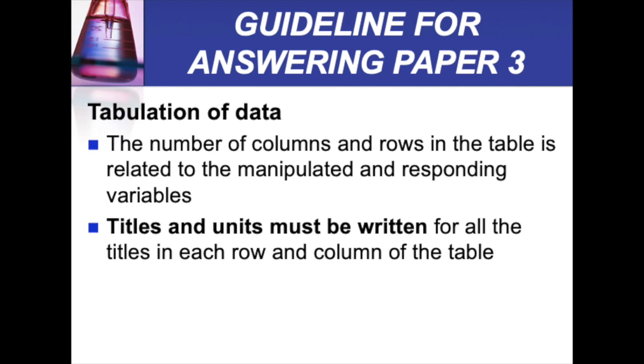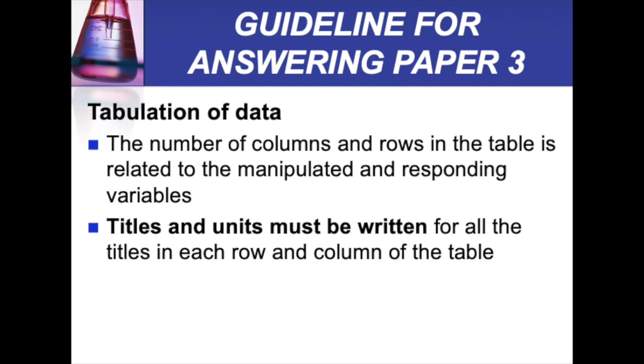And the final step is our tabulation of data. Make sure your tabulation of data is in table form. The first column is always your manipulated variable. Complete the title for your manipulated variable as well as all the answers for your manipulated variable.